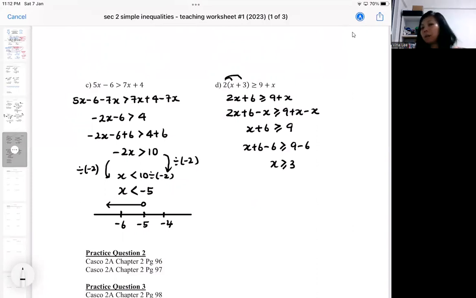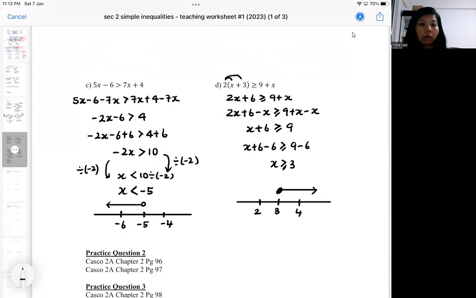I have no chance to multiply or divide by a negative number, so if you realize, the sign doesn't change. There is an equal sign, and you will be interested in the numbers bigger than 3, so the numbers on the right side.